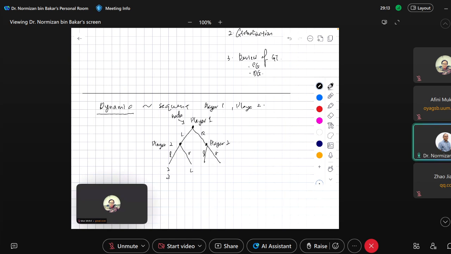We call the last point here the terminal node, or the payoff node for each player, after they complete the game.